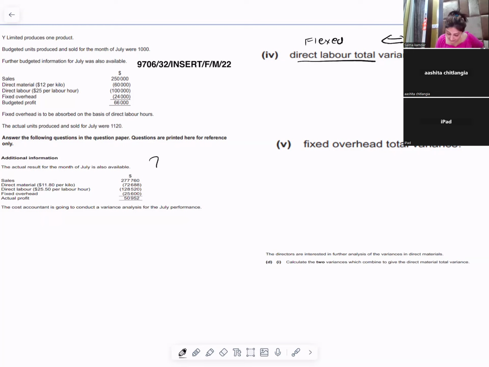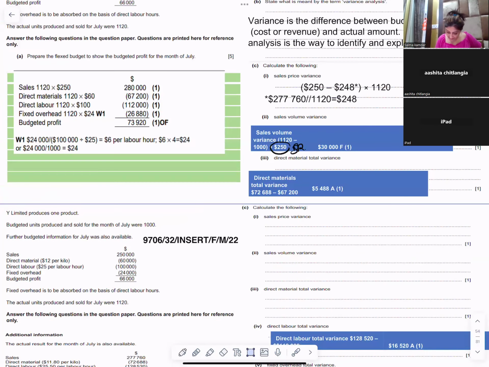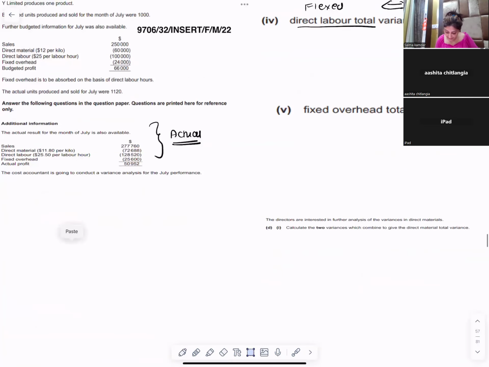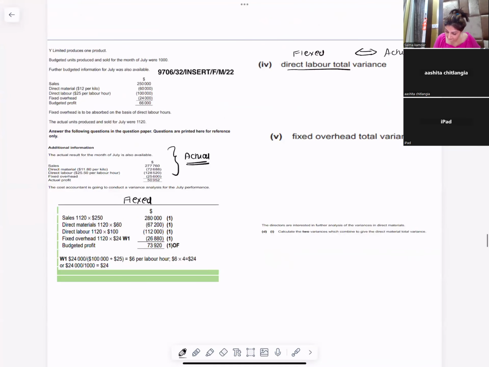So direct labor as per the flexed budget. This is the actual budget, and we have already calculated the flexed budget, right? I'm just pasting it over here so that it becomes easier for you. Direct labor we have to do first.